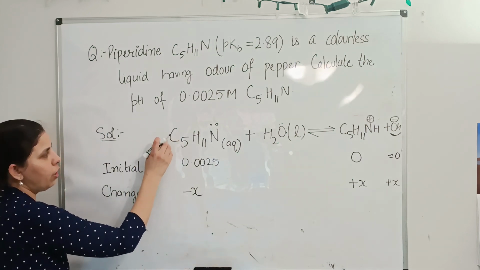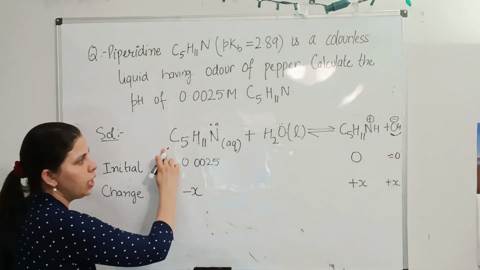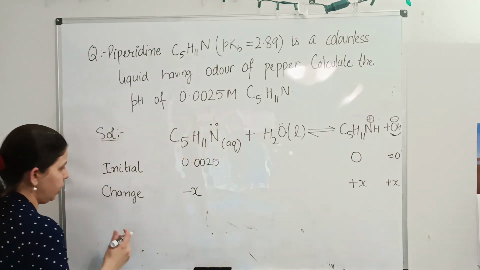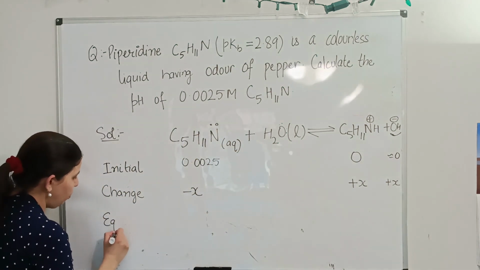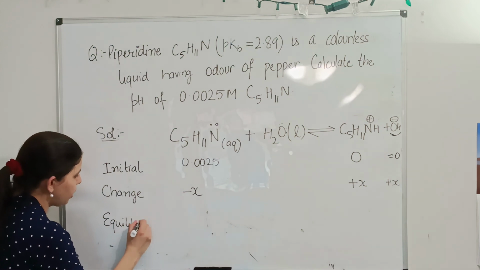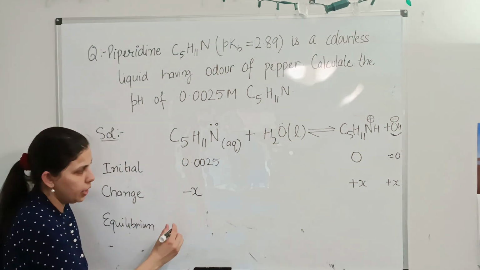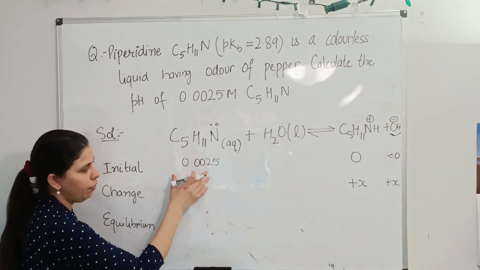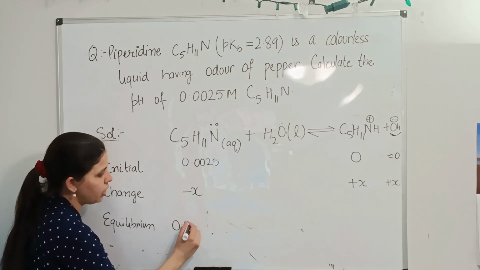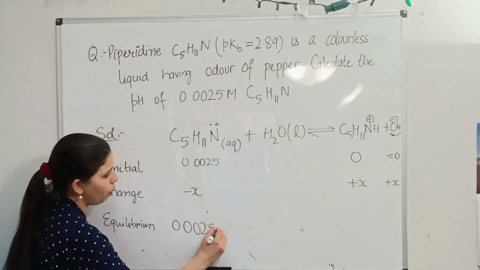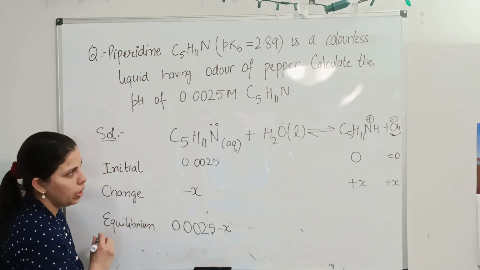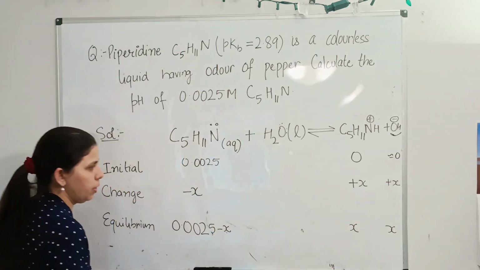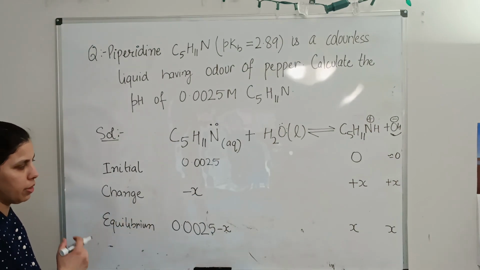Because if you look at the equation, 1 mole of piperidine yields 1 mole of protonated piperidine and 1 mole of hydroxide ions. So at equilibrium, the concentration of piperidine is what we started with minus how much is consumed. If we subtract this, we will get the amount left at equilibrium, and of course the products would be X moles per liter each.